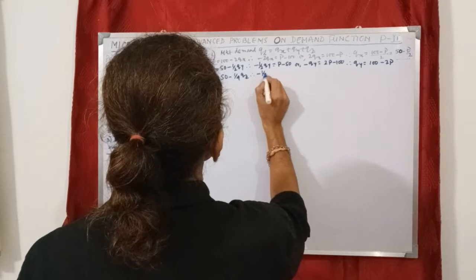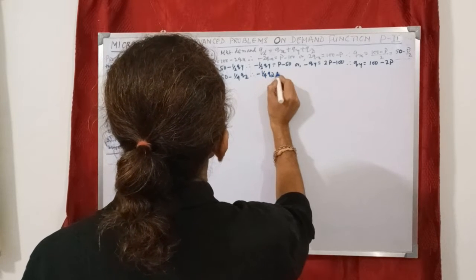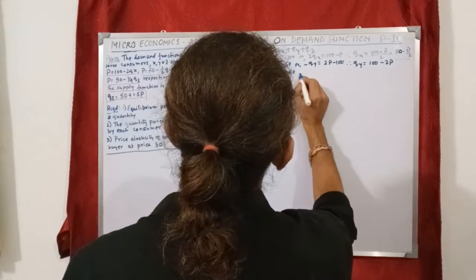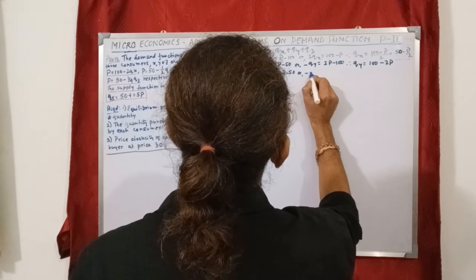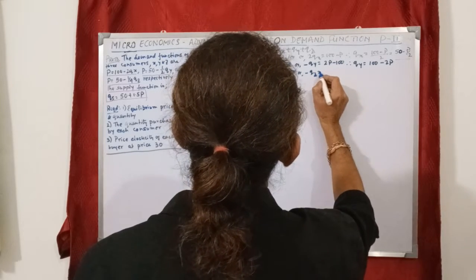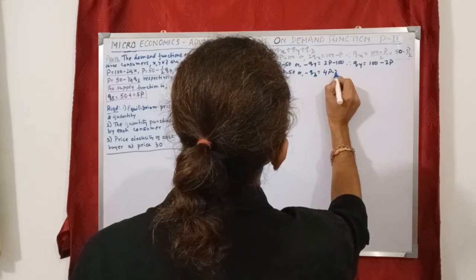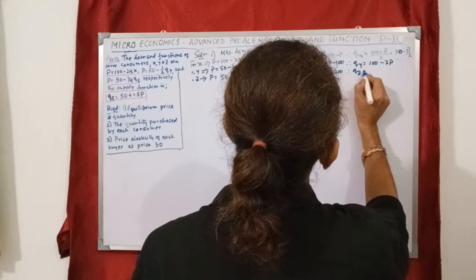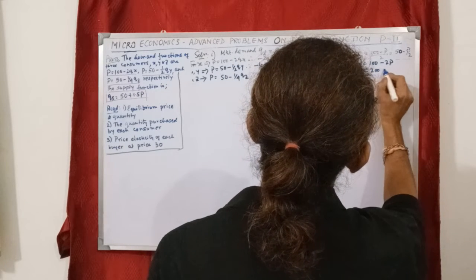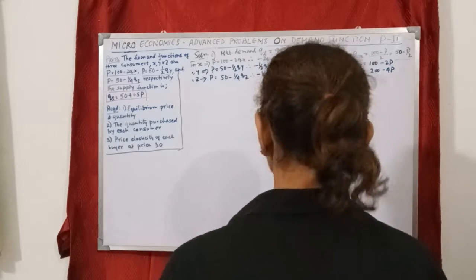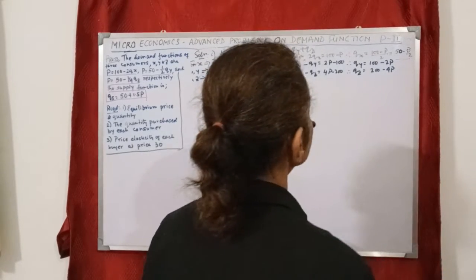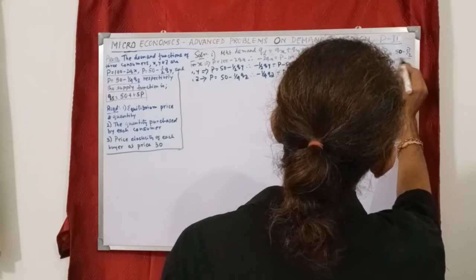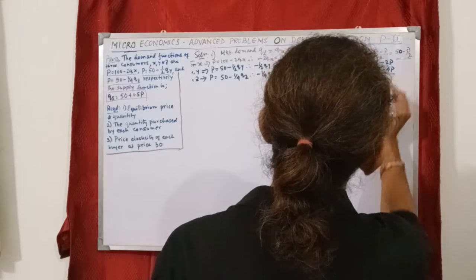Therefore, minus 1 by 4 qz equals P minus 50, or minus qz equals 4P minus 200. Therefore, qz equals 200 minus 4P. So we have got the quantity demanded by the 3 individual consumers.